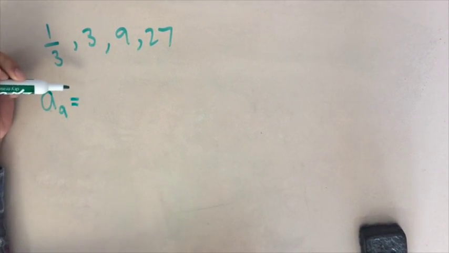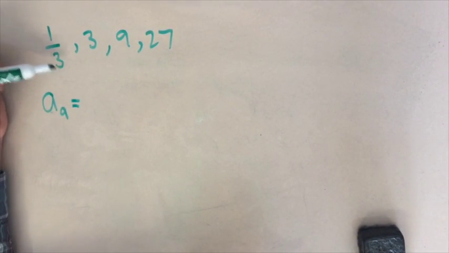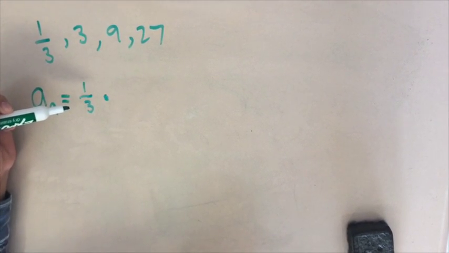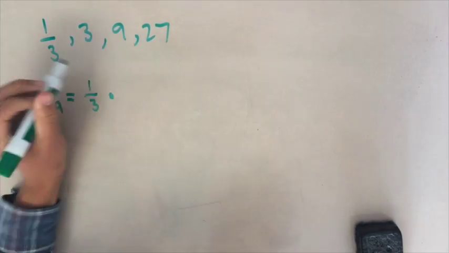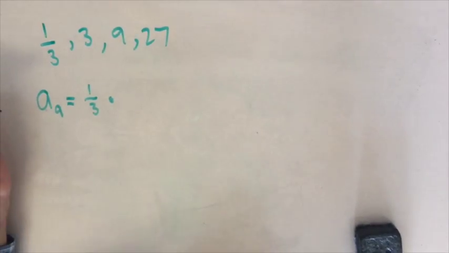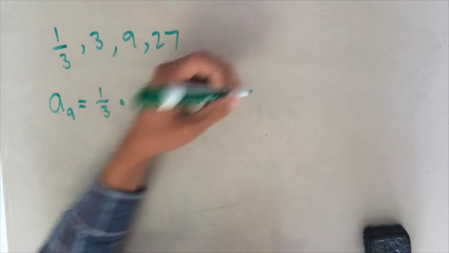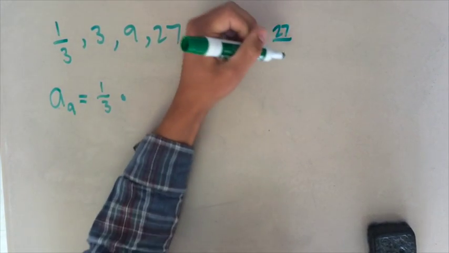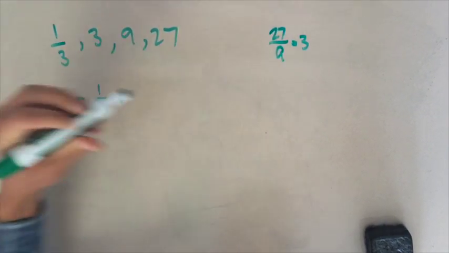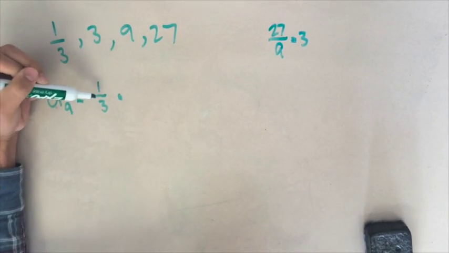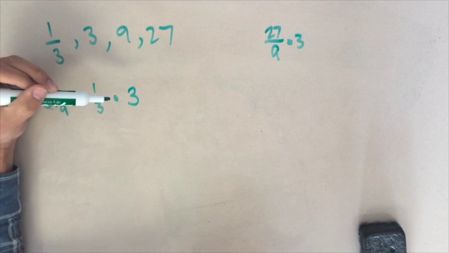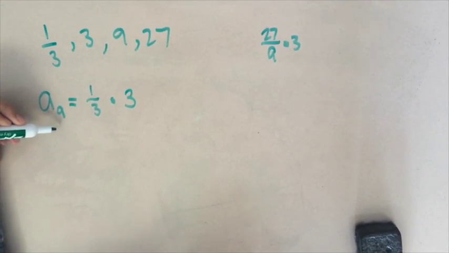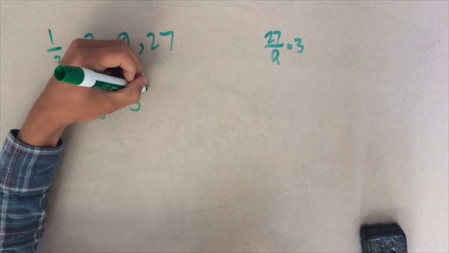And this would equal, we start with a sub 1, which is 1/3, times the common ratio, which in this sequence is going to be 3. And I know that because, let's say we took 27 divided by the term in front of it, 9, we get 3. So it's going to be a sub 1 times the common ratio 3 to the n minus 1 power, and the n is the thing we're looking for, it's 9 minus 1.